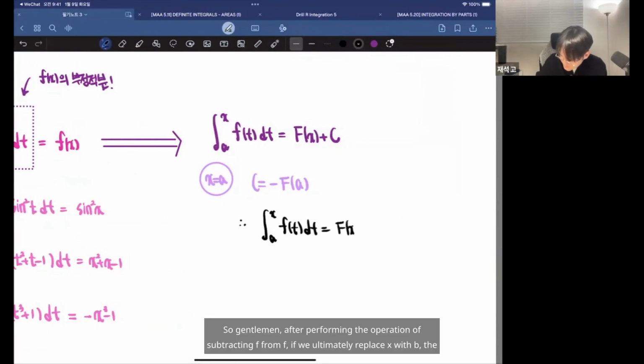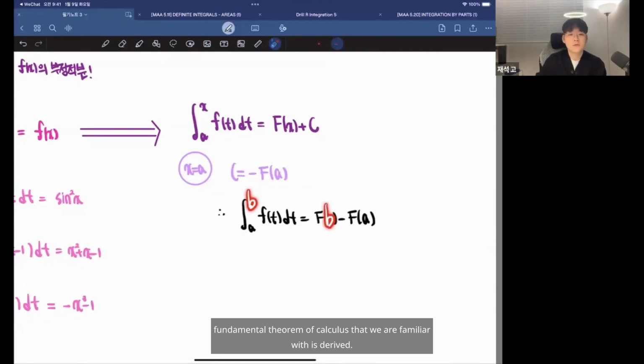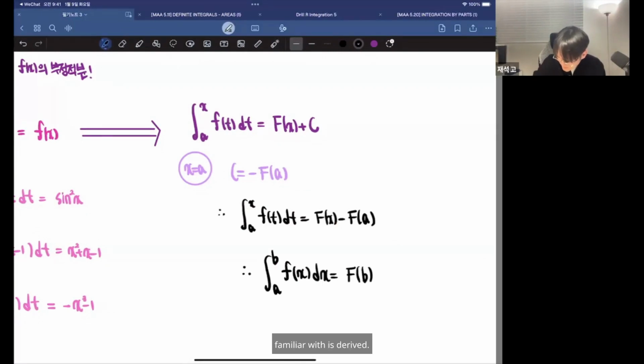After subtracting F(a) from F(x), if we ultimately replace x with b, the fundamental theorem of calculus that we are familiar with is derived. Since the integral of f(t)dt and f(x)dx are equivalent, if we reverse the substitution of t back to x once more, the fundamental theorem of calculus that we are familiar with is derived.